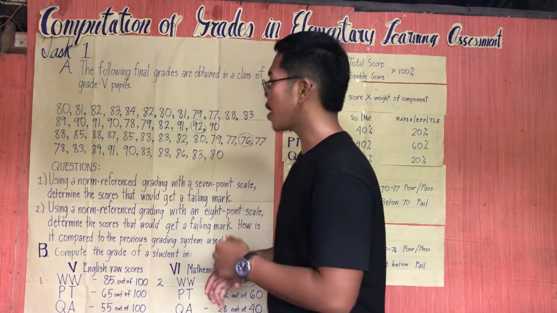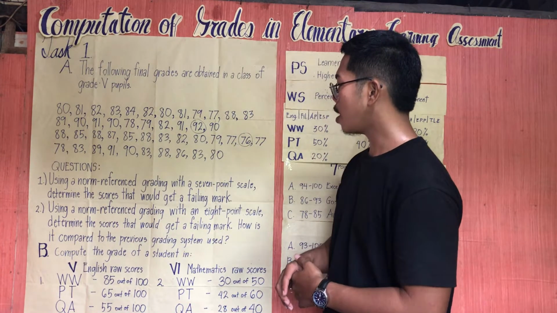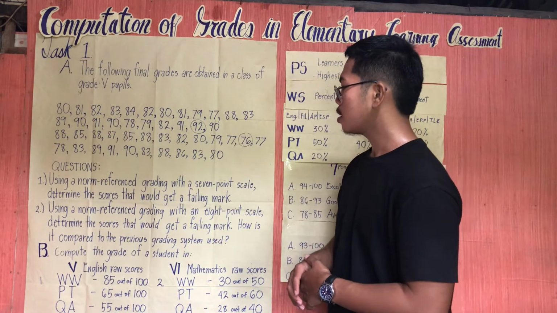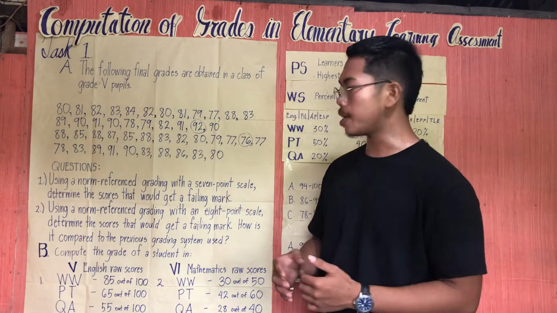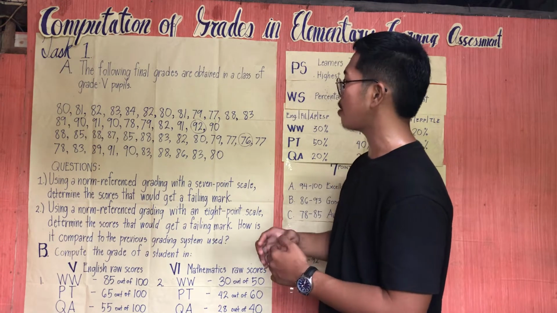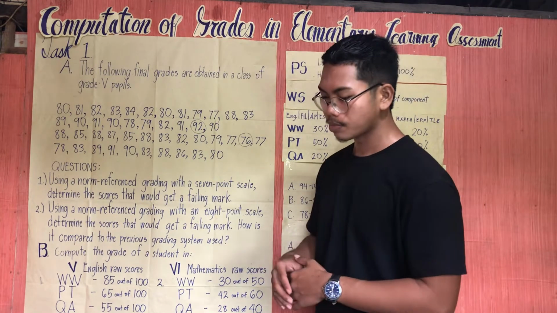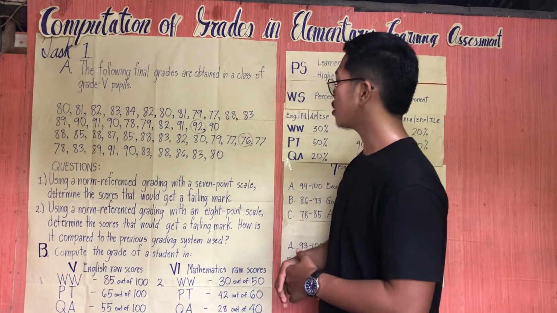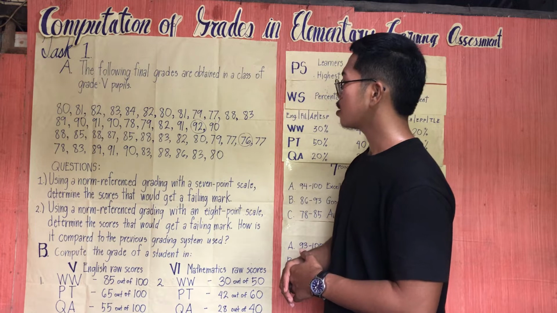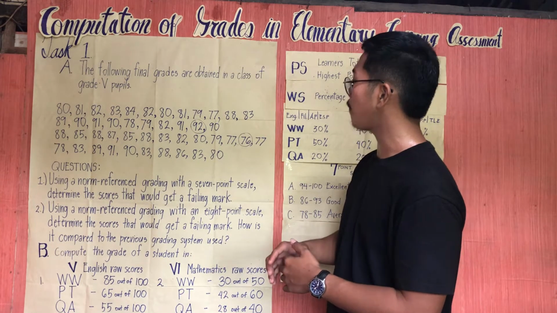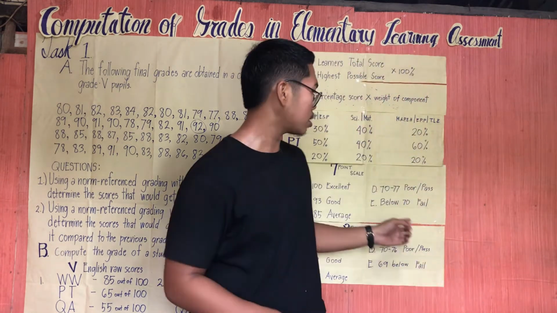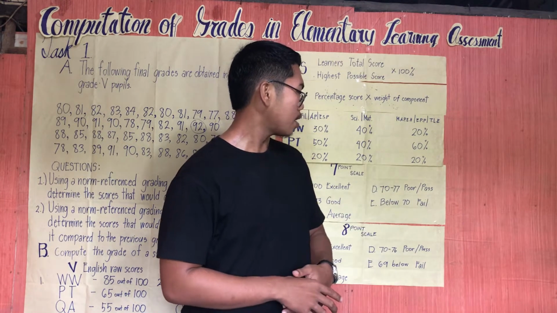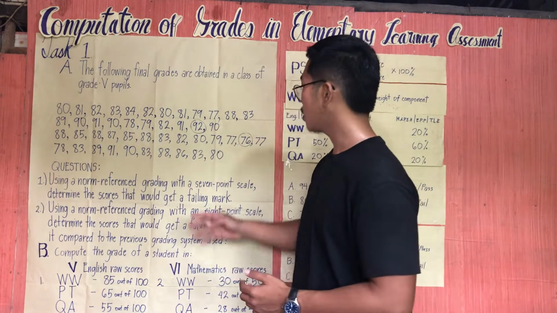Now, using the 7-point scale, we will determine the scores that would get a failing mark. Using the 7-point scale, none of the grade 5 pupils gets a failing grade, since in the 7-point scale, D, 70 to 77, is still a pass.